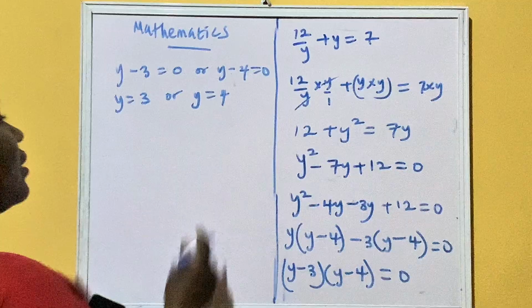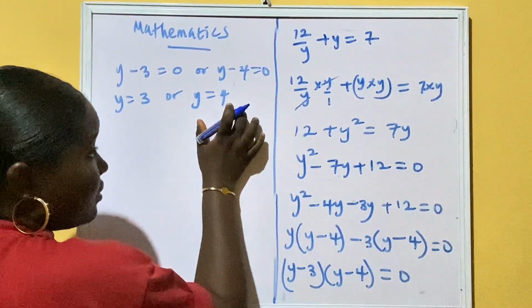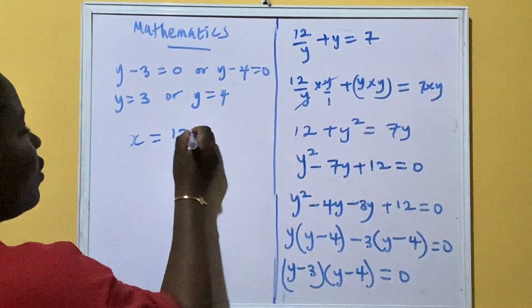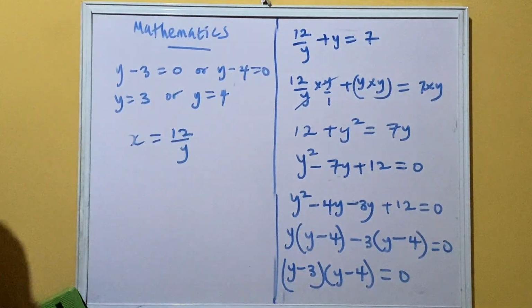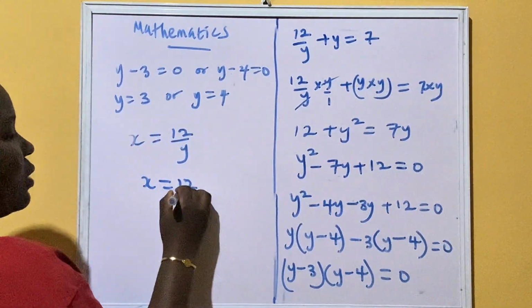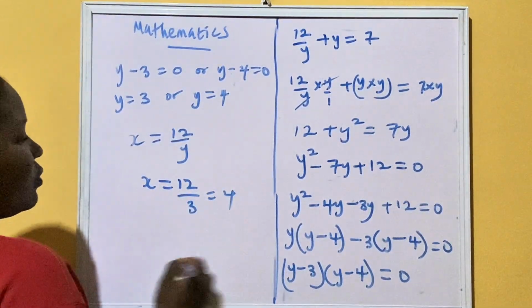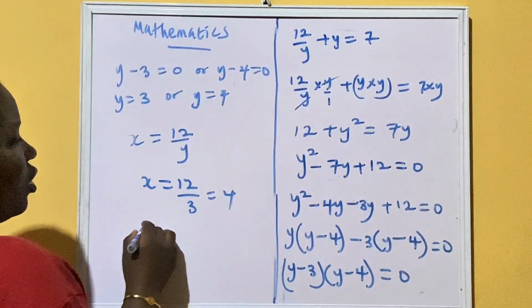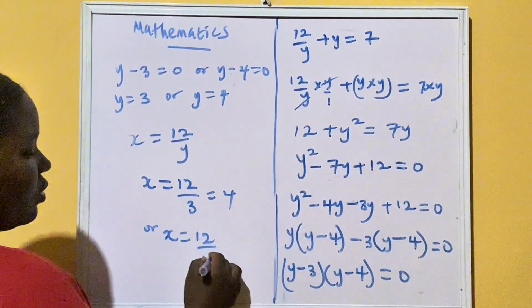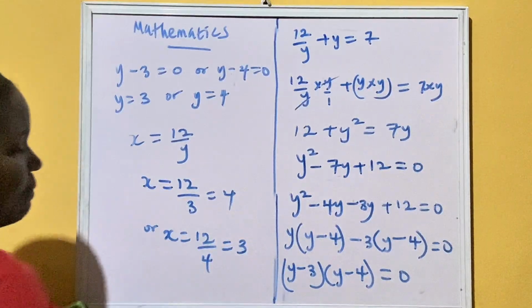Good. Now, this is not the final answer. Remember we said x is equal to 12 over y. So choosing 3, x is 12 over 3, which is equal to 4. Or choosing 4, x is 12 over 4, which is equal to 3.